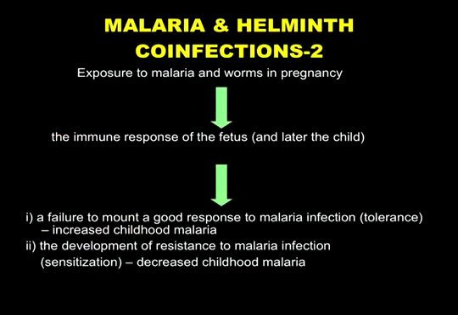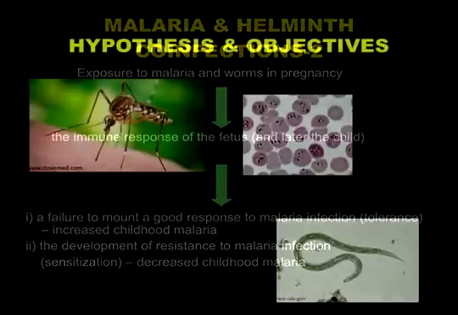So the scientific literature brought together seemed to suggest that exposure to malaria and worms in pregnancy may influence the immune response of the fetus and later on even the child, resulting in a failure to mount a good response in the case for malaria infection, resulting in increased childhood clinical malaria, or on the other hand, resulting in the development of resistance to malaria infection.